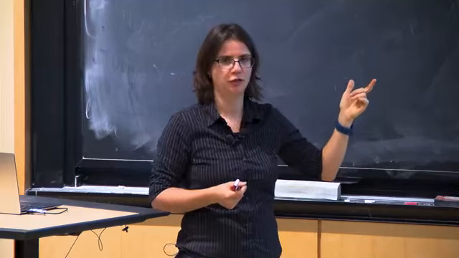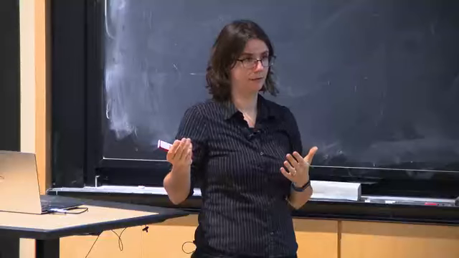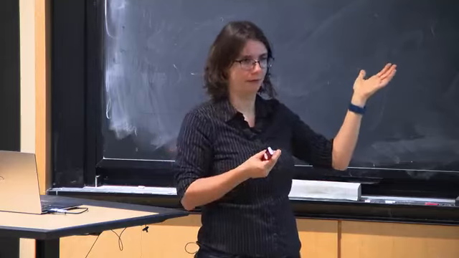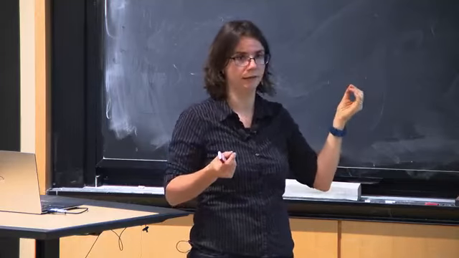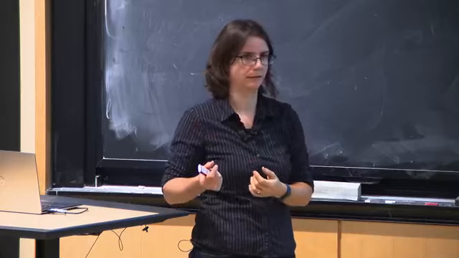We do have restrictions on the keys, though. Okay. The first restriction on the keys is that it has to be unique, right? So if you're mapping a key 1 to value 5, you cannot map a key 1 to value 6. Because if you go and look up the value associated with 1, how does Python know which value you'd like, the 5 or the 6?